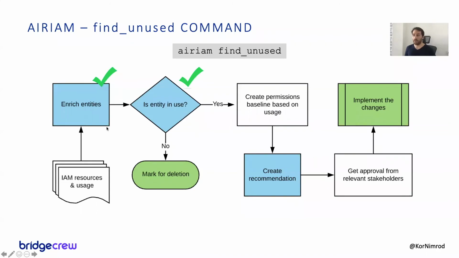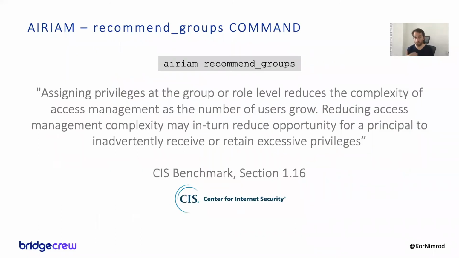Great, so we have the entities, we've enriched them, and we've used the threshold to see whether they're in use or not. Next thing would be to create the permission baseline based on usage. Part of it is already handled through the unused policy attachments. The next thing would be to create groups from your users.